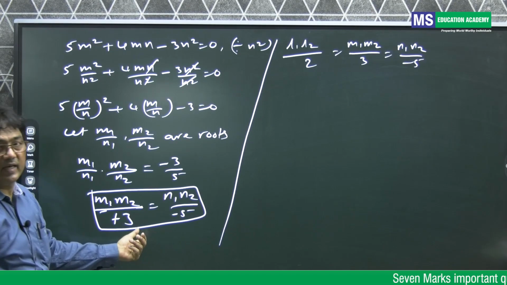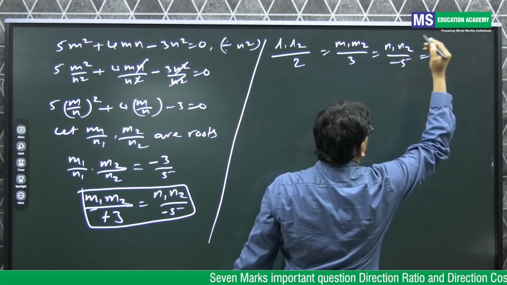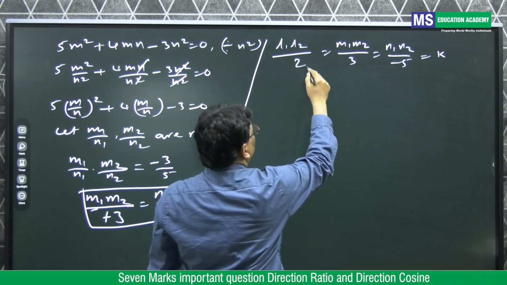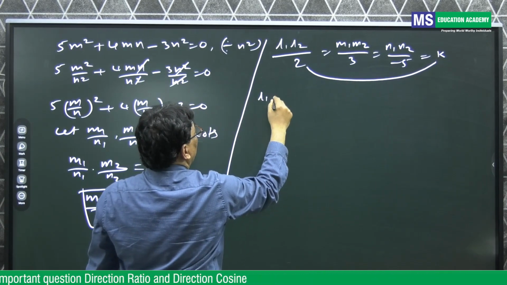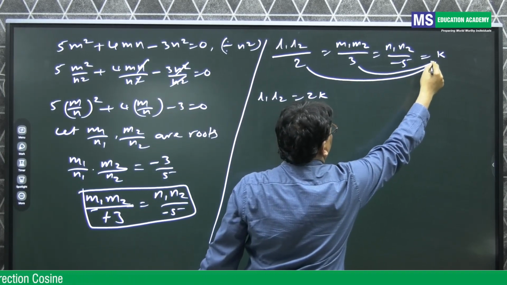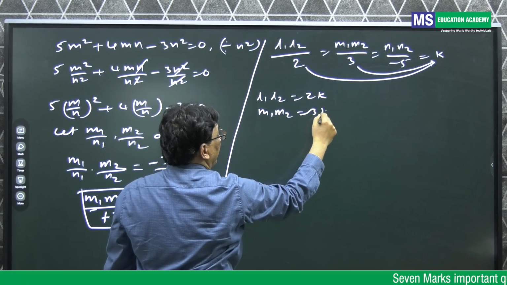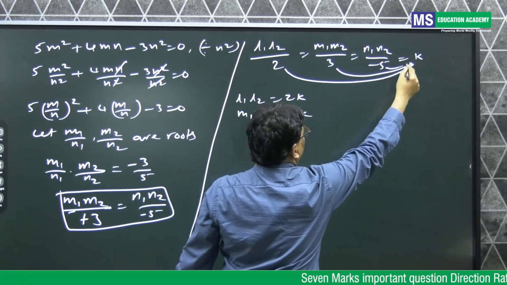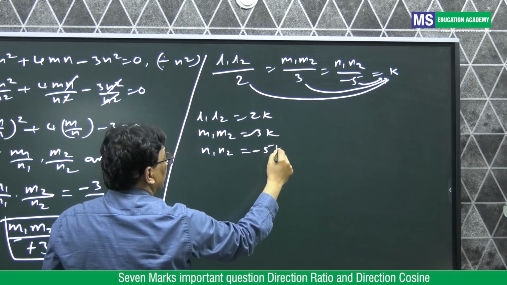The two relations are mixed, equal to, I am taking it as k, by equating the first and the last. That 2 goes over there, so L1 L2 value is 2k. This 3 comes here, so M1 M2 value is 3k. Minus 5 goes there, so N1 N2 equals minus 5k.